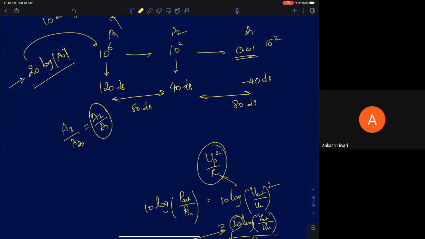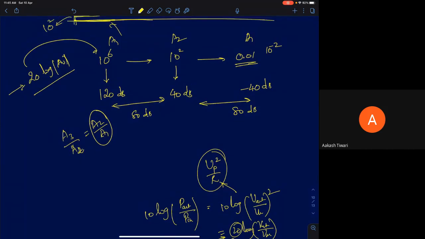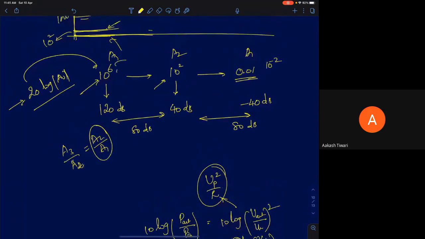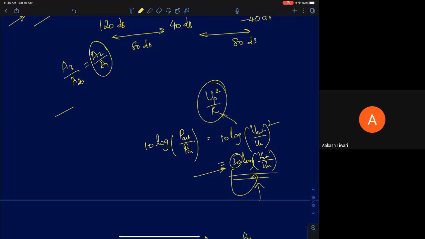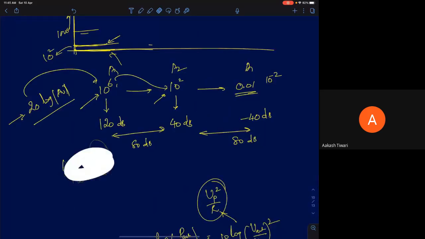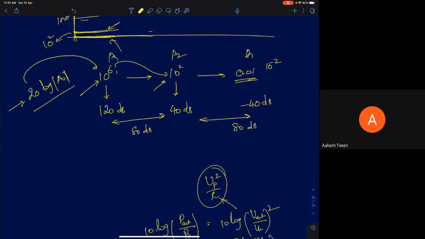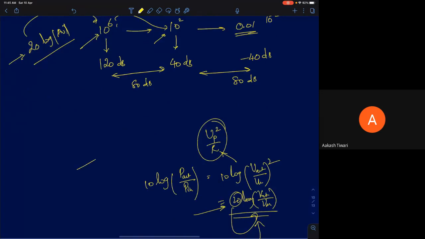Exponential variations become linear variations once we apply logarithm to that function. So here, this was 10 power 6, this is 10 squared, this was exponentially changing, a significant reduction. But on a log scale, it looks like a linear reduction. So now, if I plot this on a log scale, all I need to do is divide them into units of 40.